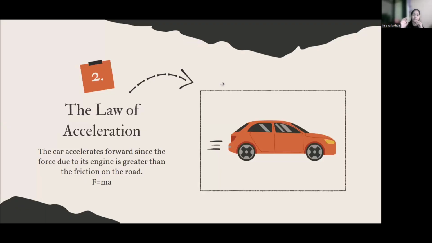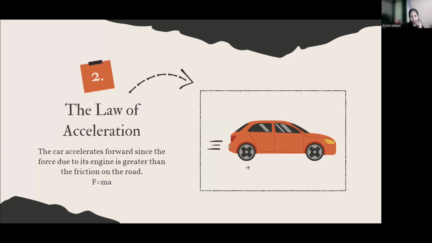Means if there is a toy car here, and a boy is pushing the toy car from behind, the force is being applied to the object with a total amount of mass, including the boy's weight. So here the mass is being applied as well as the force. Then the car will move ahead.